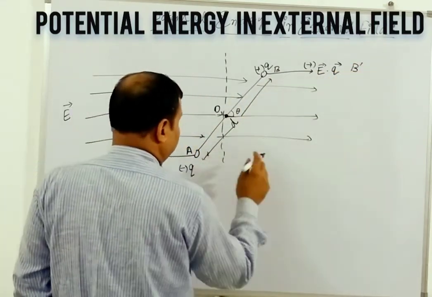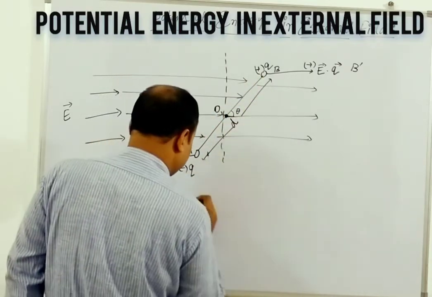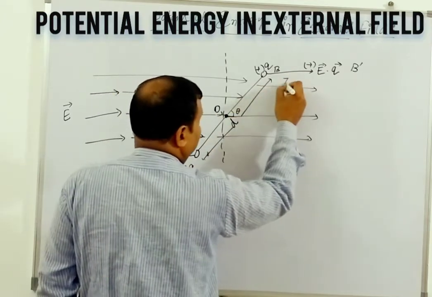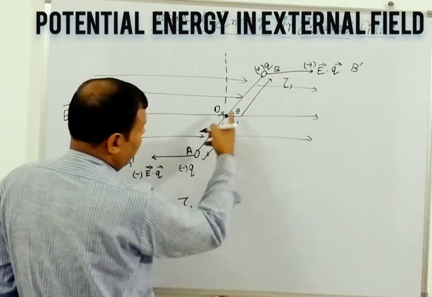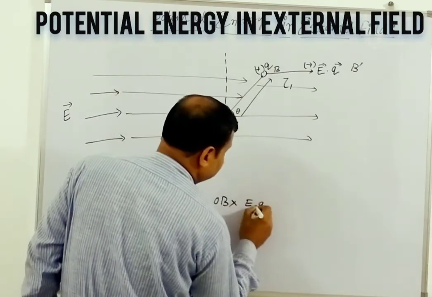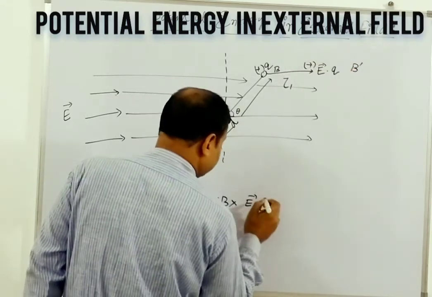So this B dot direction, this amount of force, actually it will be OB, the torque, T1 suppose. If this is the torque T1, tau 1, so tau 1 will be OB into this EQ. And Q does not have any direction, so it is EQ.